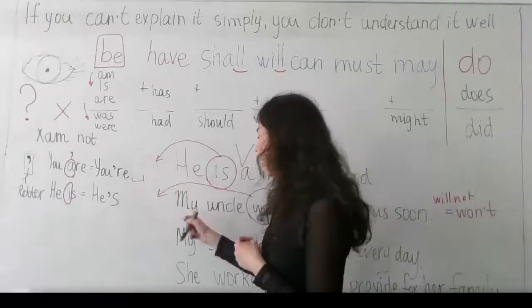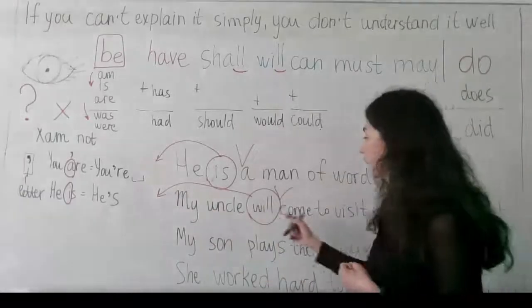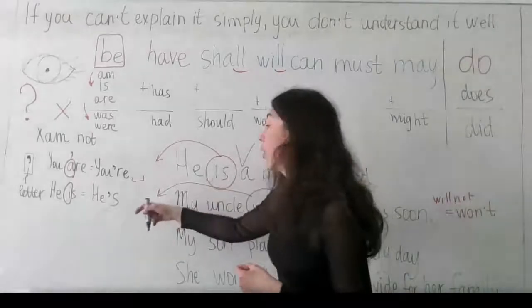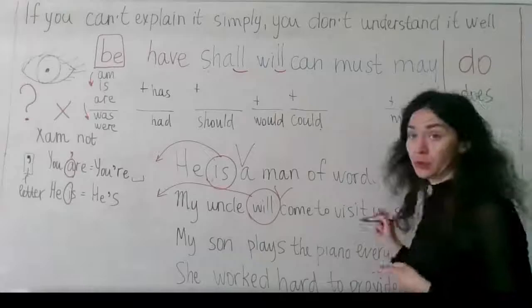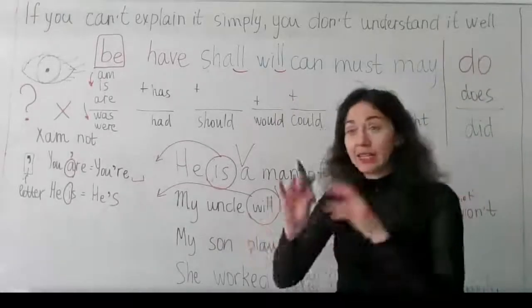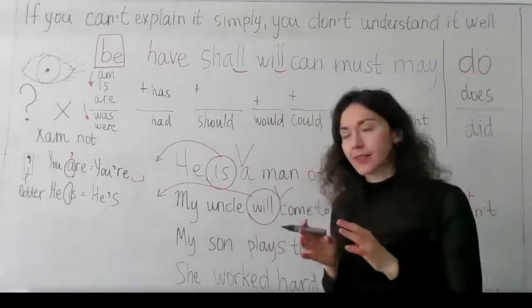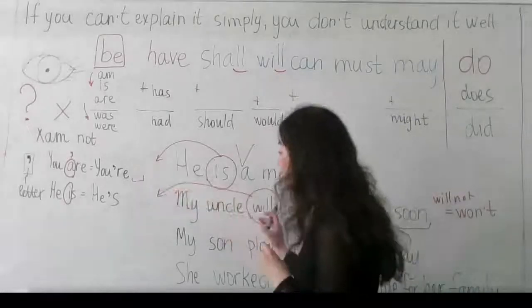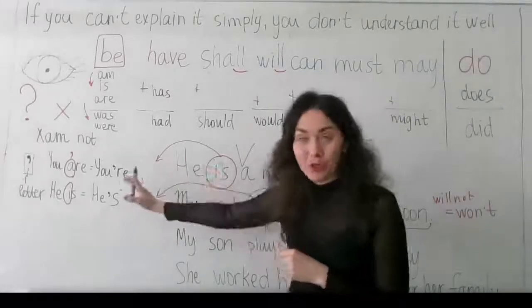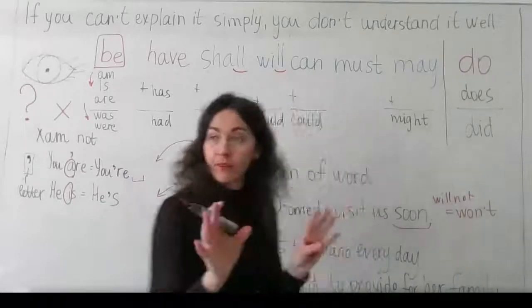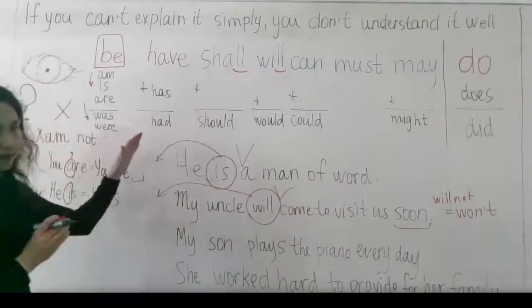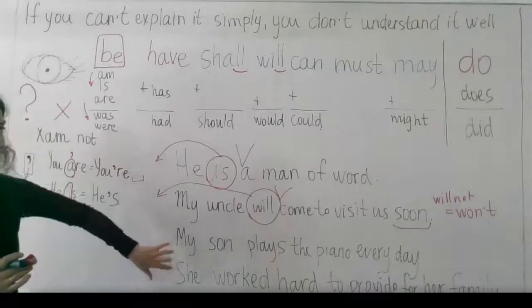My uncle will come to visit us soon. When will my uncle come to visit us? So soon will be the answer. It doesn't matter what kind of questions you ask. You move that auxiliary verb to the very beginning or closer to the question word. That's all.